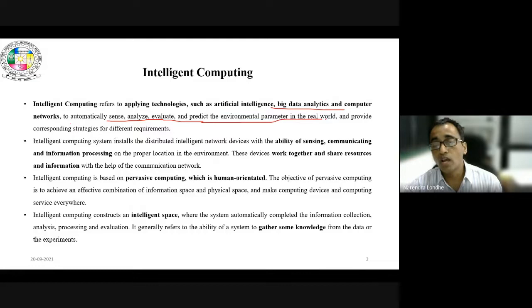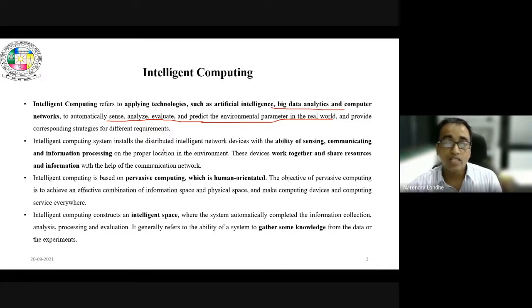For whatever problems we face in day-to-day life, putting artificial intelligence along with big data analytics and computer networks, the task will be performed automatically. That is the purpose of intelligent computing.